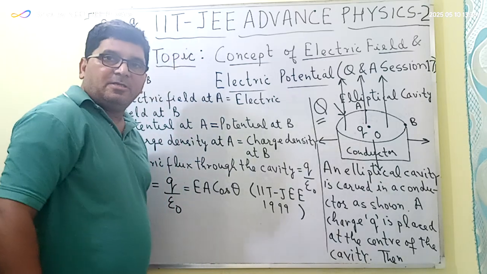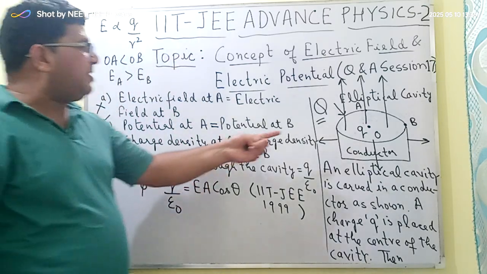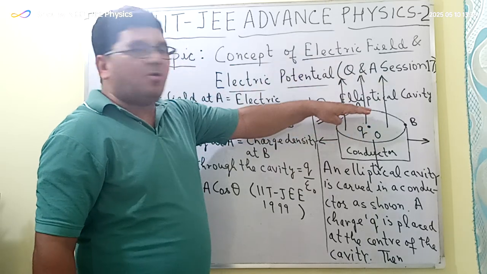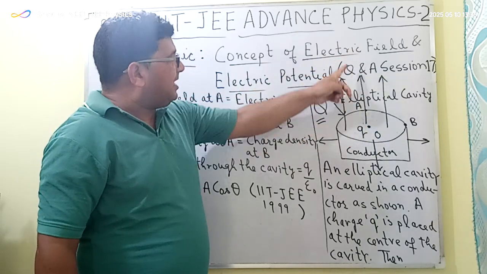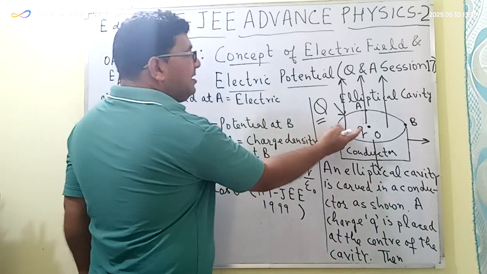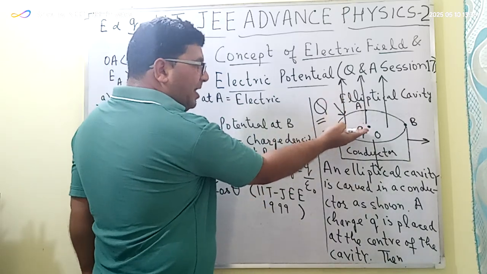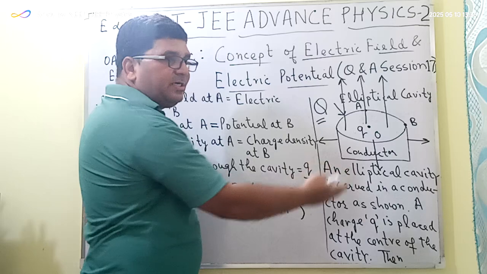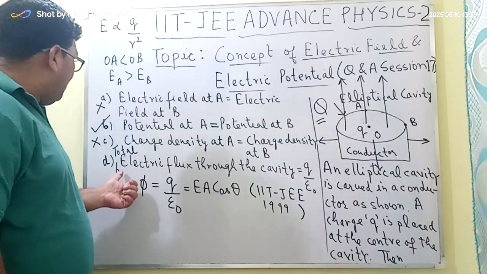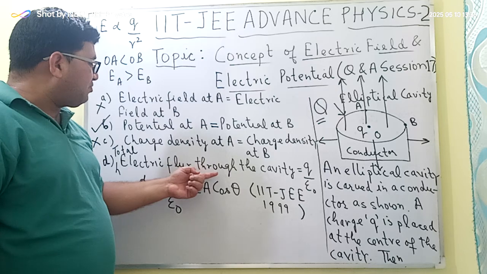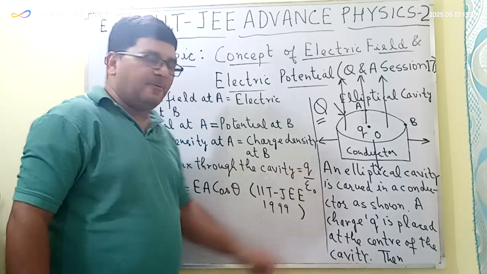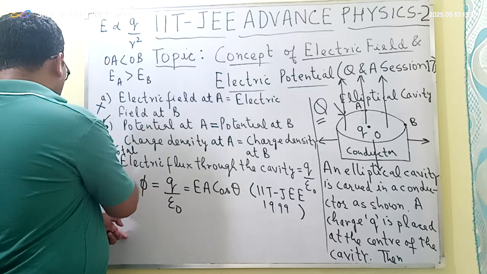Only some of the electric field lines will pass in the upward direction through this open area. So the electric flux passing through this cavity will not be equal to Q upon epsilon naught. So this option is also wrong.